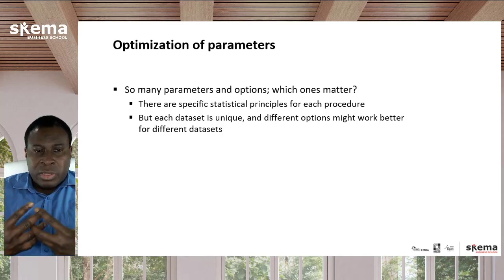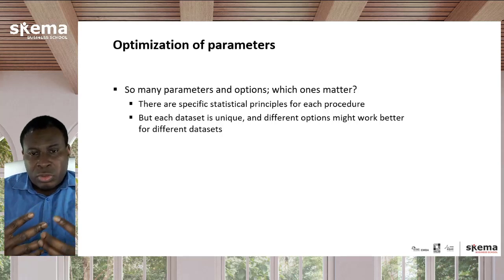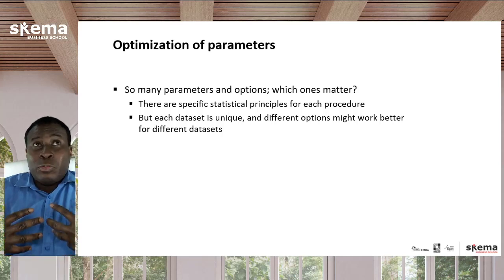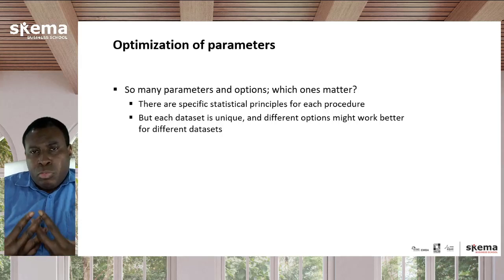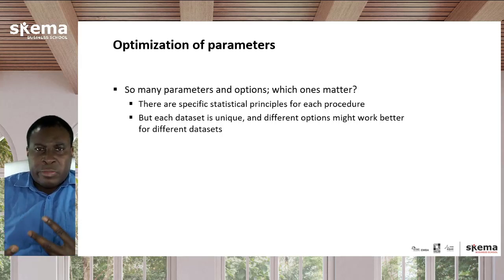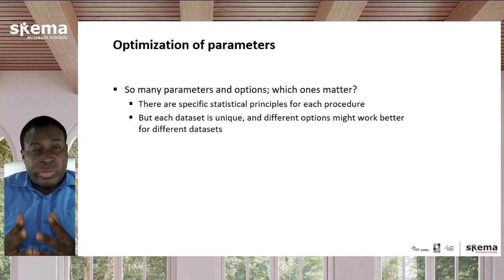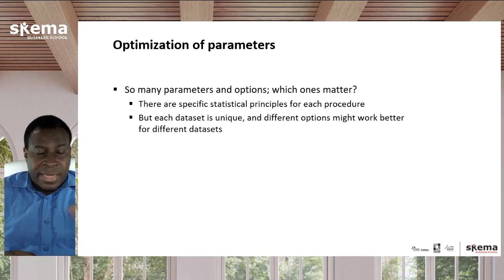It's very hard to know exactly what to pick, and there's various principles for each statistical procedure, and definitely more experience gives an idea of what might work better, but the truth is each data set is unique. And that means that the settings that work well for one data set might not work well for another.